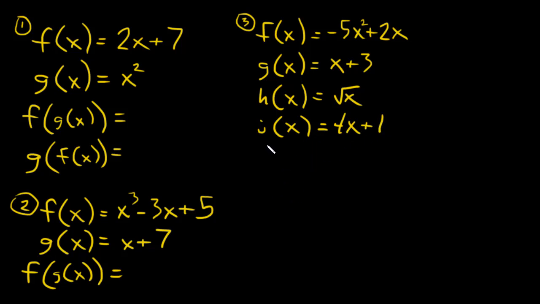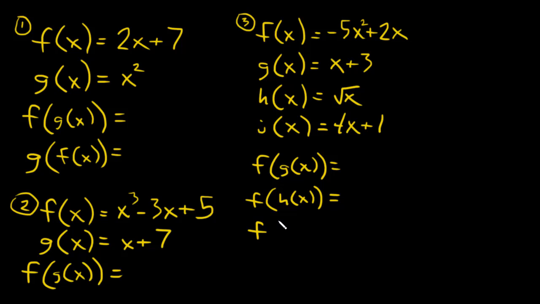Okay. What is f of g of x, f of h of x, f of j of x, and finally, the big one, f of f of x. That one is not easy or obvious, but just give it your best shot.